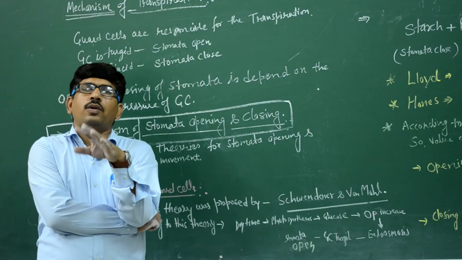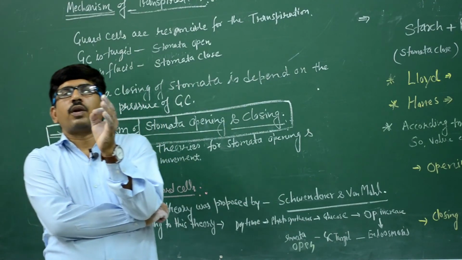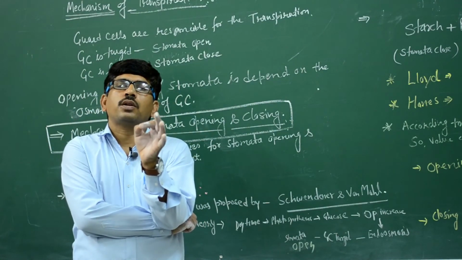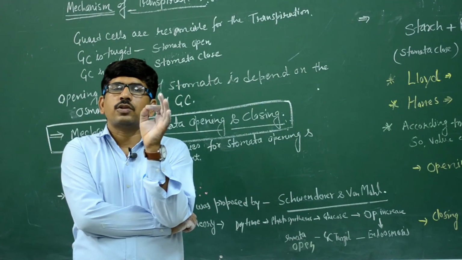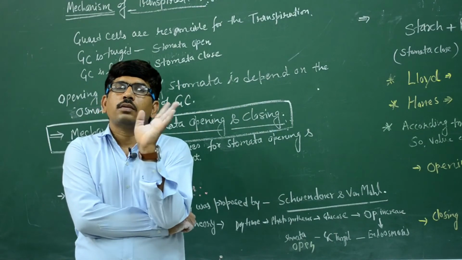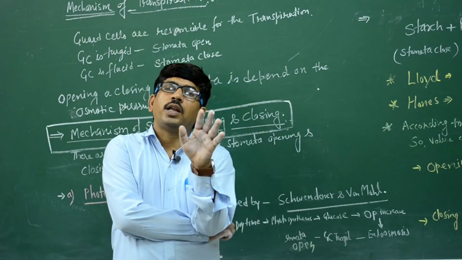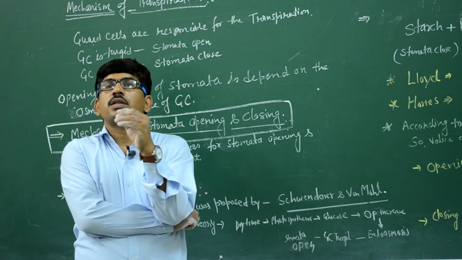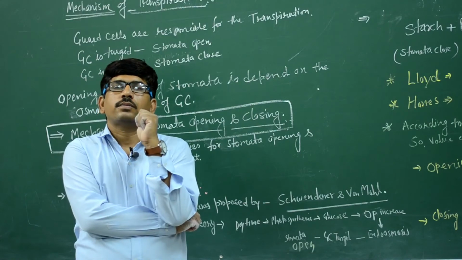When we use a leaf in the daytime for the iodine solution test, it does not give any color, but if the same plant leaves are used for the iodine test at night, it shows a bluish color.